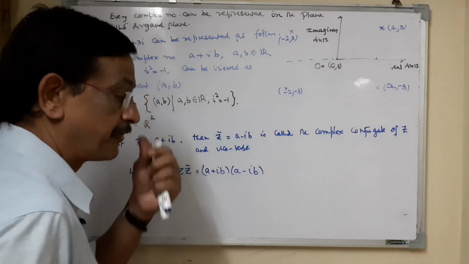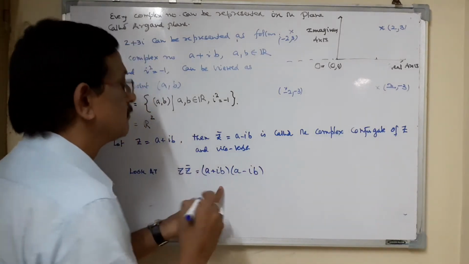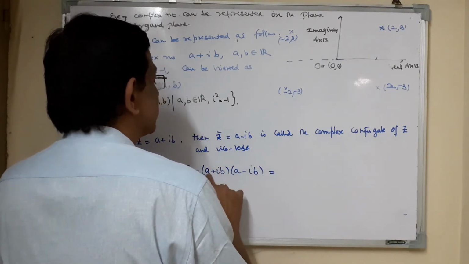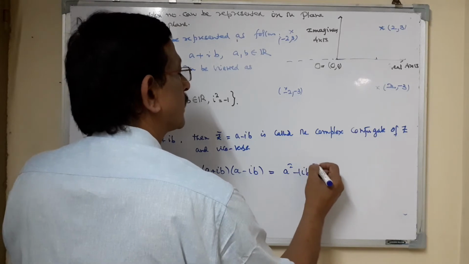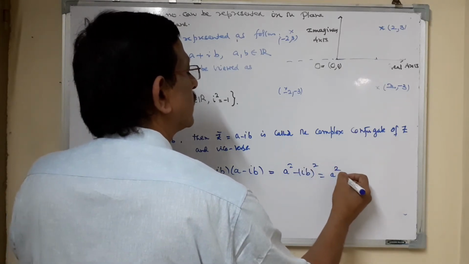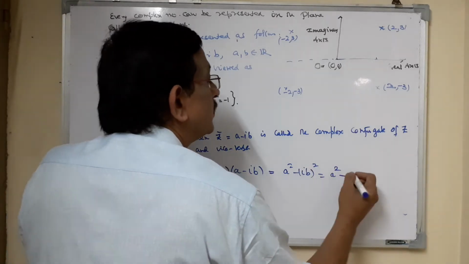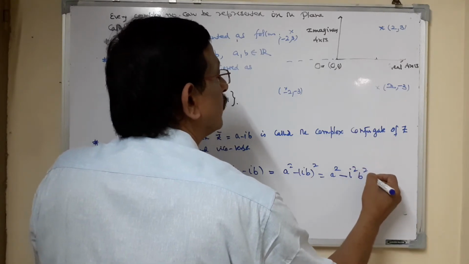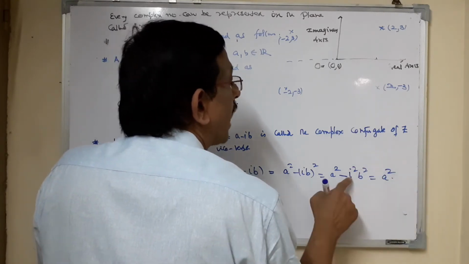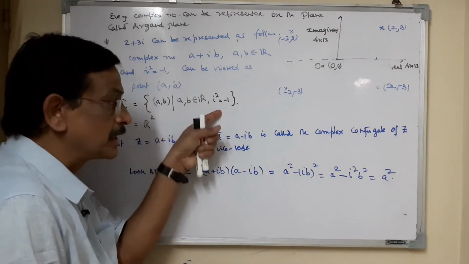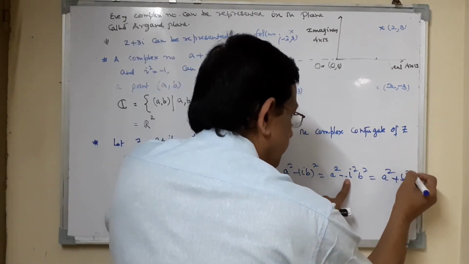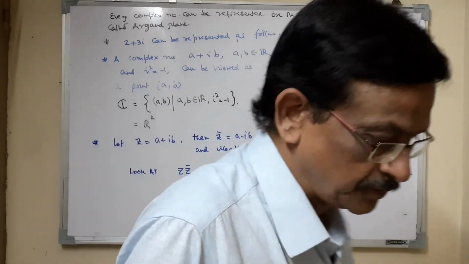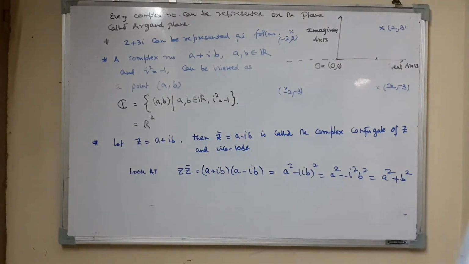Actually I have not defined the multiplication, but we can easily see that this is a square minus (ib) whole square, which is equal to a square minus i square b square. I square is minus 1 by our definition. So this is minus 1, minus of minus, plus 1. So this is a square plus b square.